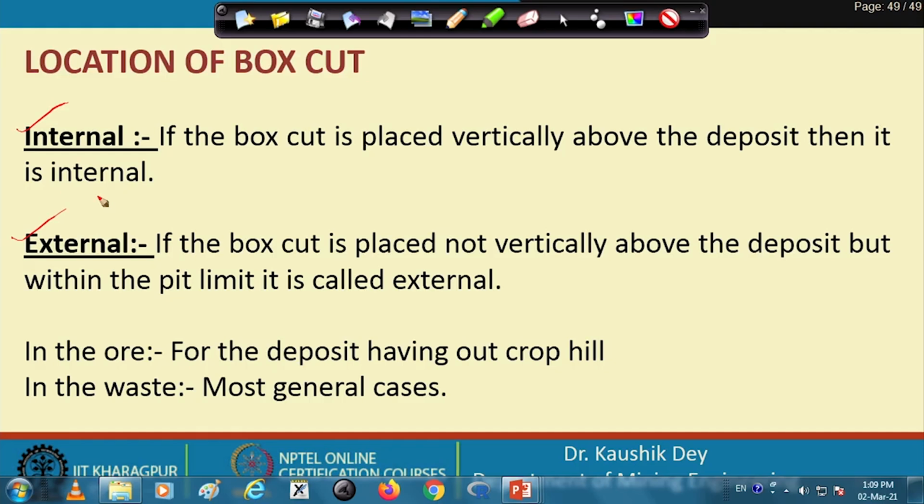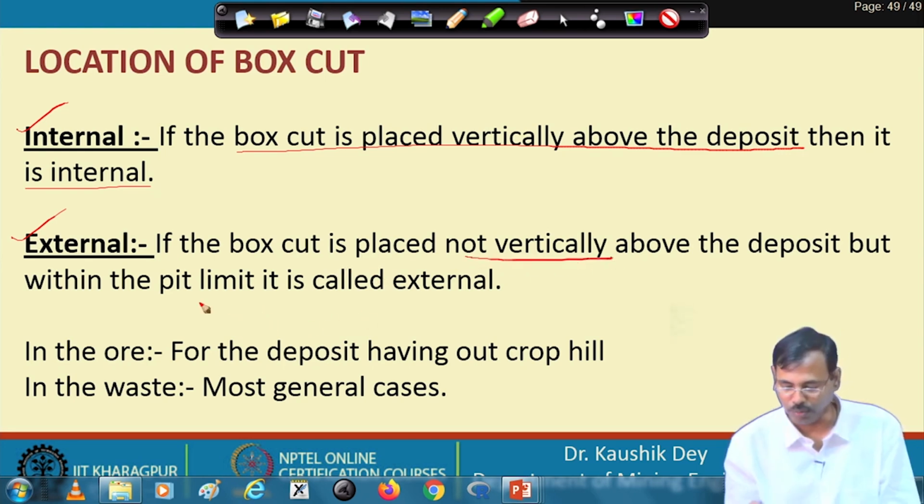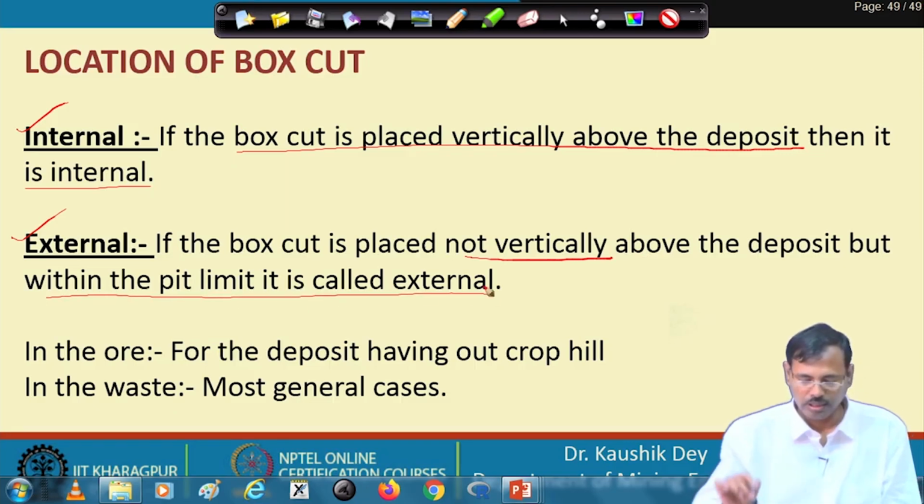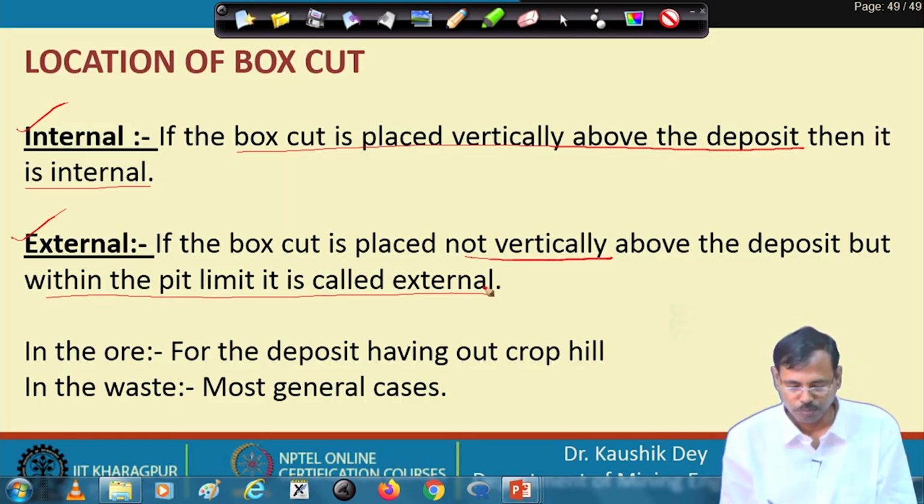What is an internal box cut? If the box cut is placed vertically above the deposit, then it is called internal. If the box cut is placed not vertically above the deposit, but within the pit limit, it is called an external box cut. What is the meaning of pit limit?